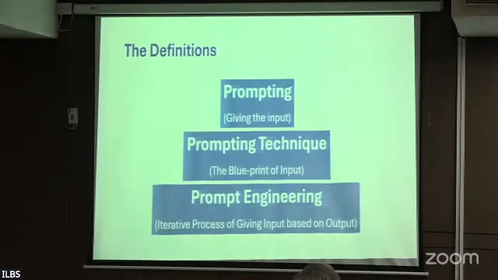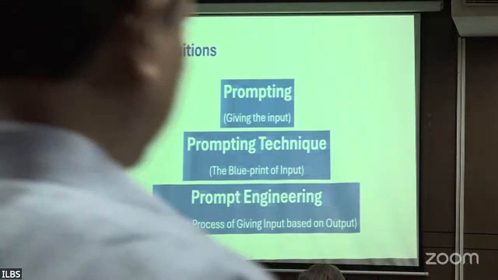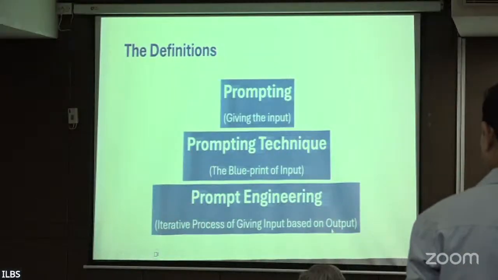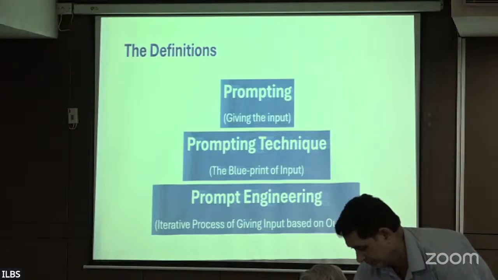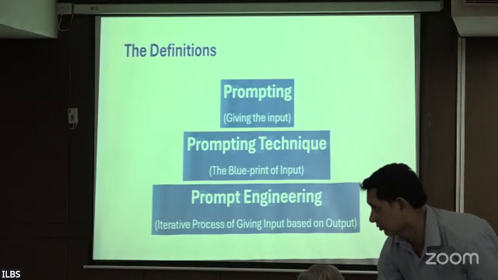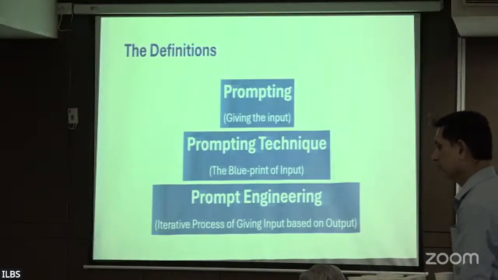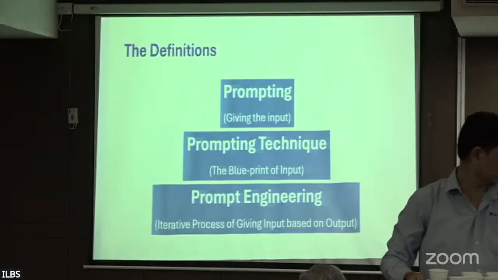So there are some basics in generative AI prompting. Prompting is giving the input. Prompting technique means the blueprint of the input, the structure. And prompt engineering is the iterative process of giving input based on the output. It's an interactive thing. You see and examine what you get as an output, and you can ask for some modification.